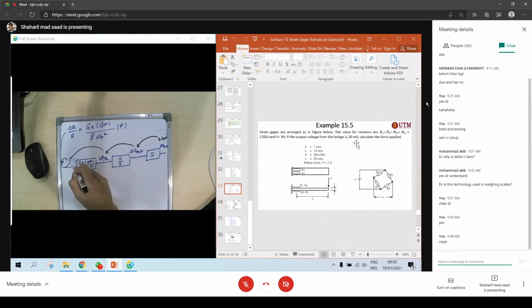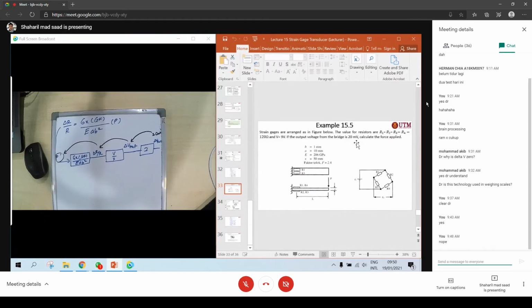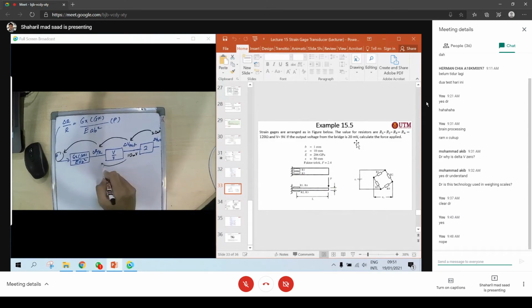So 20 millivolt, in this case you got 10 millivolt. Done. And then this one you can get delta R over R here. V is given to you as 9 volt. Yeah, you can get it. Alright, so delta R you can get 10 volt, you can get it here, delta R over R.